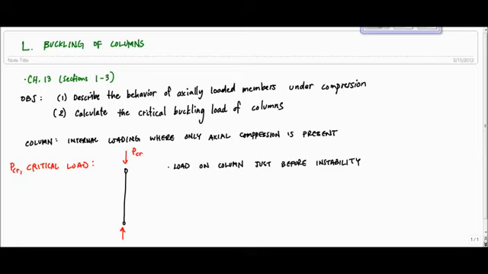And you're going to see terms like, and this actually in the world of structural stability, this is called a bifurcation point. It's that borderline between stable and unstable.